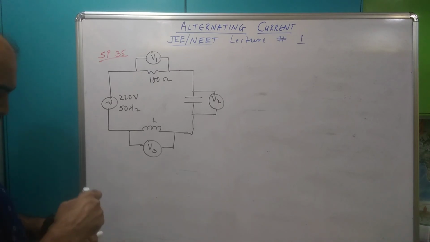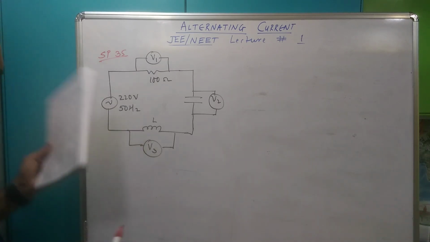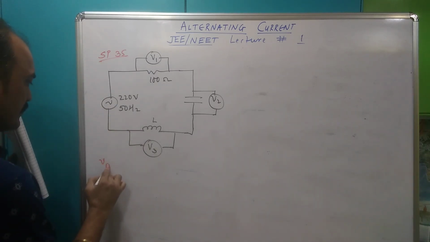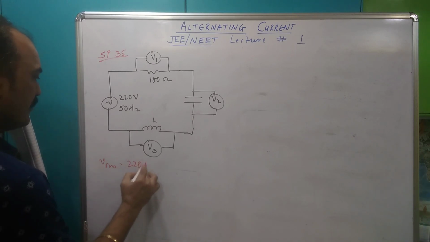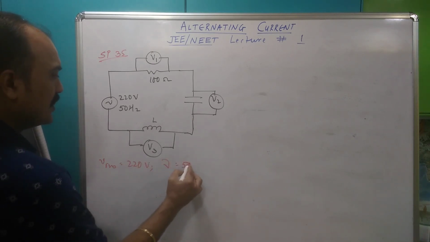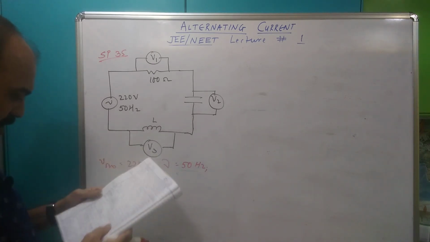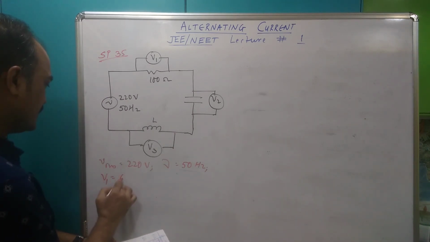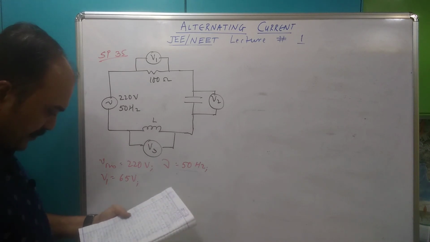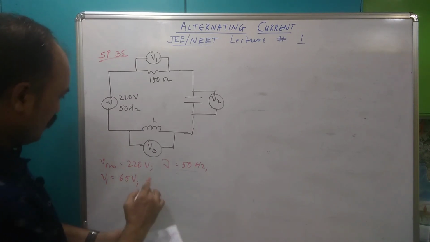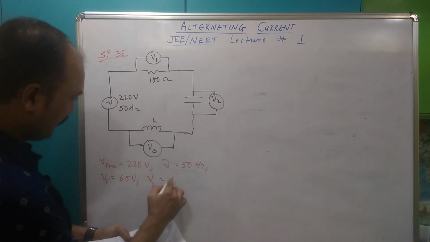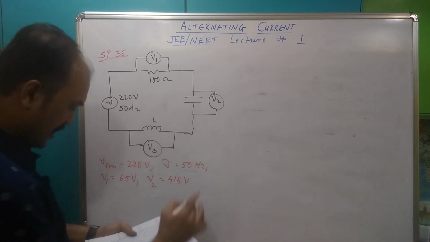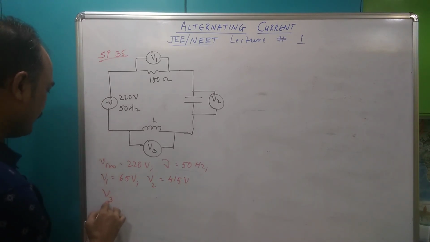Okay, now they have told me that VRMS is 220 volt, nu is 50 hertz, and the readings of the 3 voltmeters are V1 is 65 volt, V2 is 415 volt, and V3 is 204.